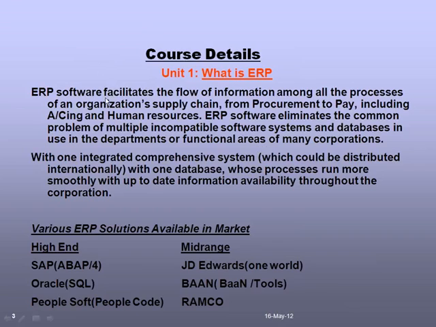ERP, by definition: ERP software facilitates the flow of information among all the processes of an organization's supply chain, from procure to pay, including accounting and human resources, right? So your ERP software should facilitate the flow of information across all the processes of an organization.